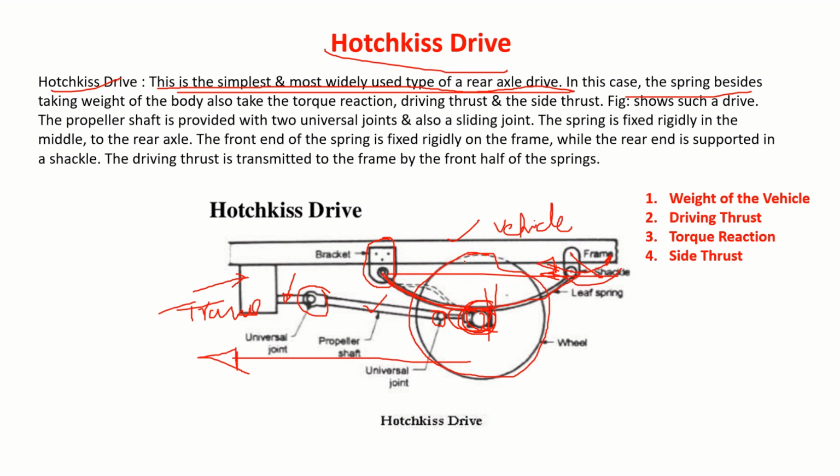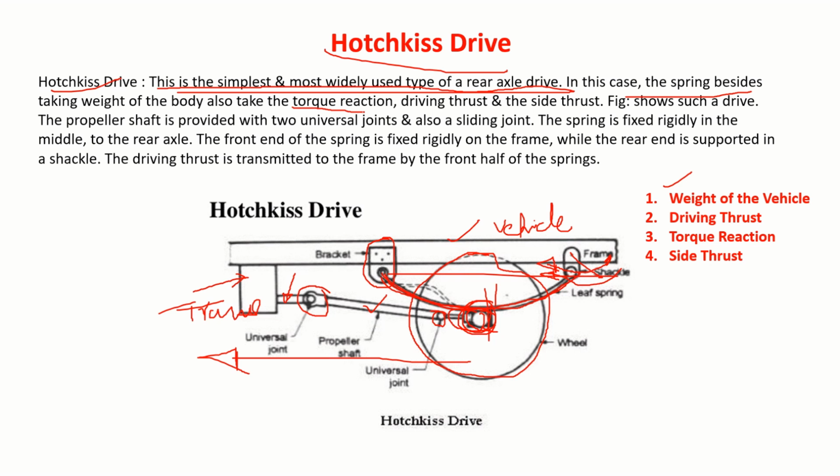Definitely whatever weight is there, the vehicle weight, is coming onto this spring, rear springs, this side, left and right, and it is coming onto the axle, then to the wheel, like this. So it carries the weight of the vehicle, this spring, one part. Okay, takes the weight of the body. There is a torque reaction.